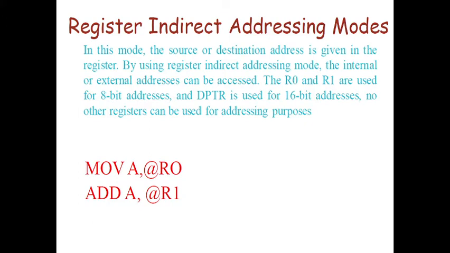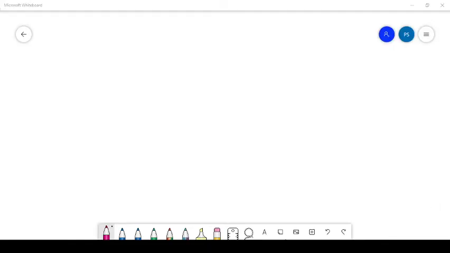First, I will explain with the whiteboard. Here we can have an instruction called MOV A, @R0.